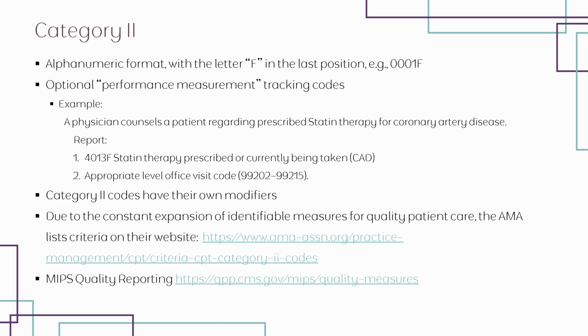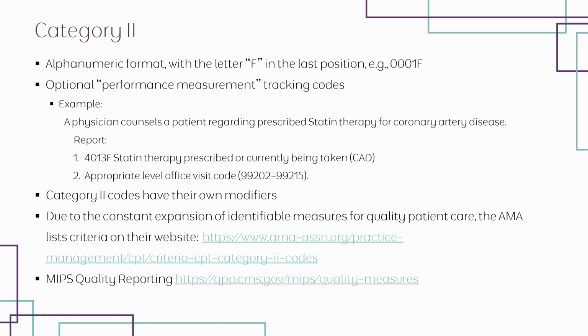The most current criteria can always be found on the AMA's official website. And lastly, for providers that are participating in Medicare's Quality Payment Program, CMS publishes the official Quality Measures Manual under the MIPS Quality Reporting section on its website, which is a key resource for ensuring compliance.